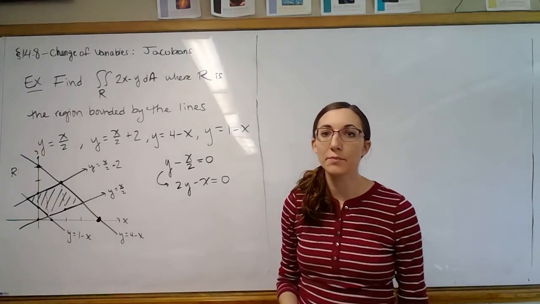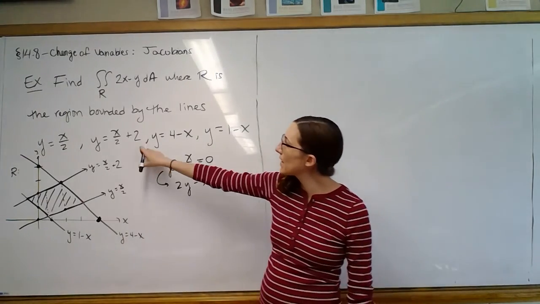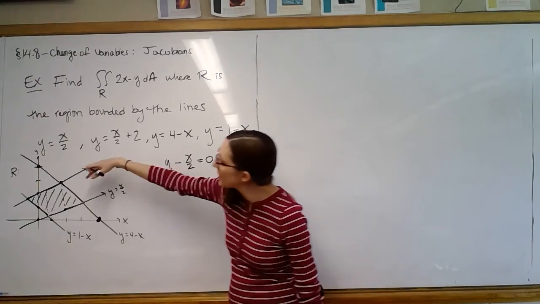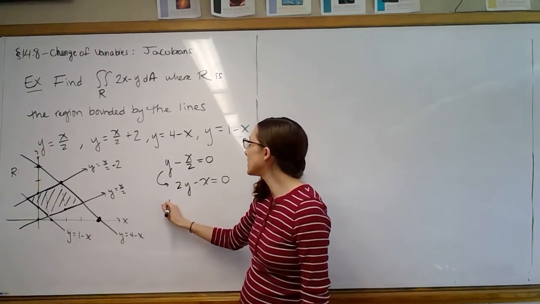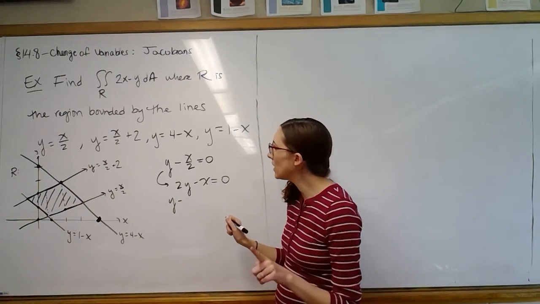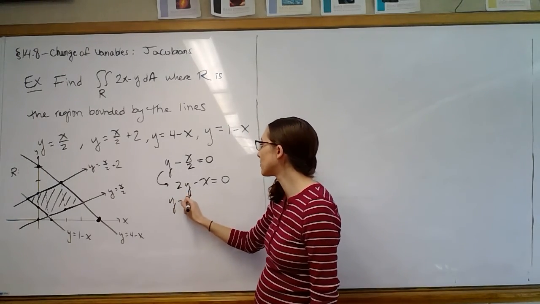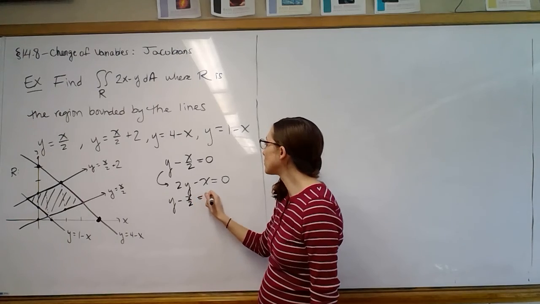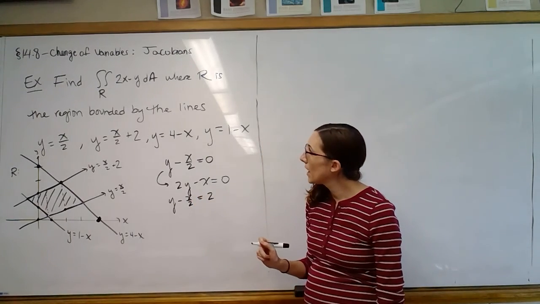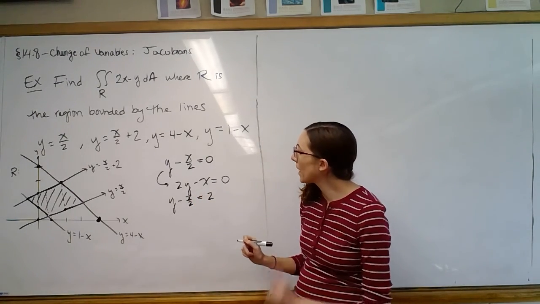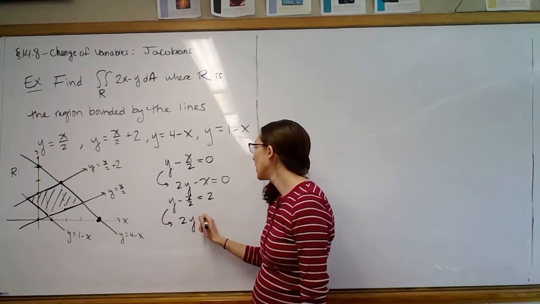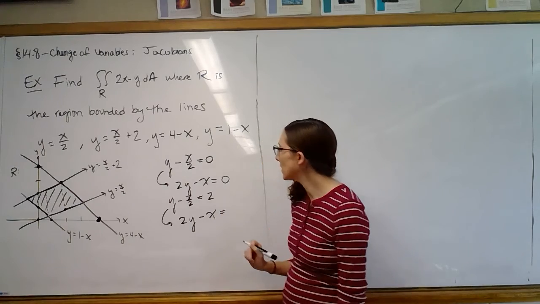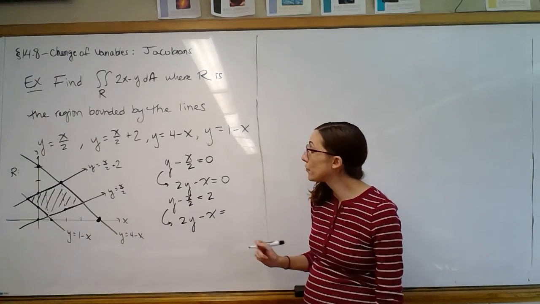Just multiply everything by 2. Now, the next one is a parallel line. We could do the same thing, move everything except a constant over, so y minus x over 2 equals 2. And if I clear out the denominator, I would have 2y minus x equals 4.